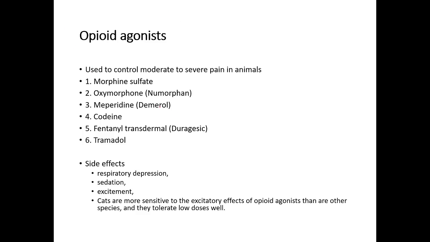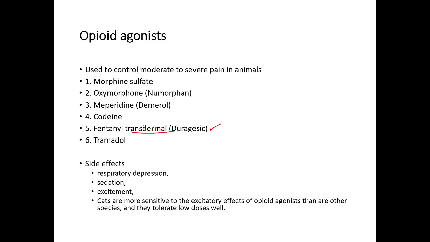Opioid agonists. These are used to control moderate to severe pain in animals. Now, we've talked about these drugs before, so I'll go over them as far as how they work for pain relief. Morphine, oxymorphone, Demerol, very highly effective. Codeine, fentanyl transdermal or Duragesic. This is used on the skin. We can also use fentanyl IV through a constant rate infusion.